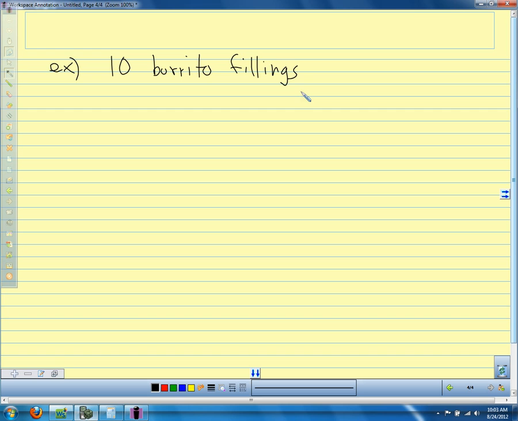I think we can include the rice. So 10 burrito fillings, and let's say that in order for a burrito to hold together, we're only going to choose 5. We're going to choose 5 fillings. We choose 5. How many different burritos can we have?